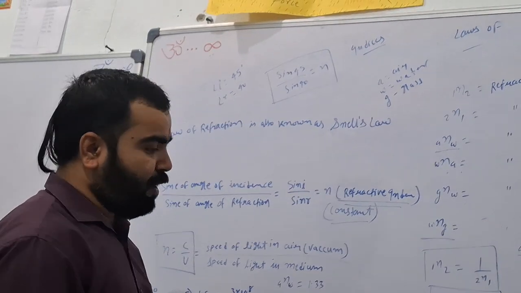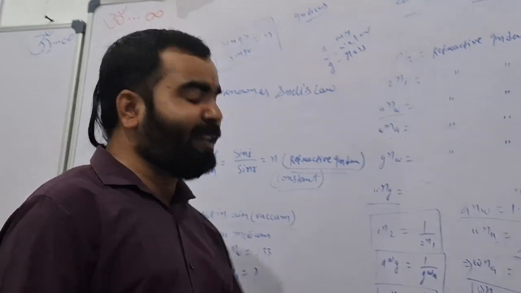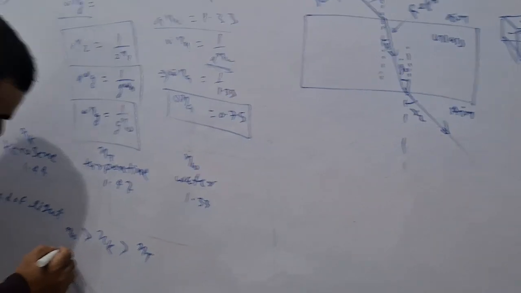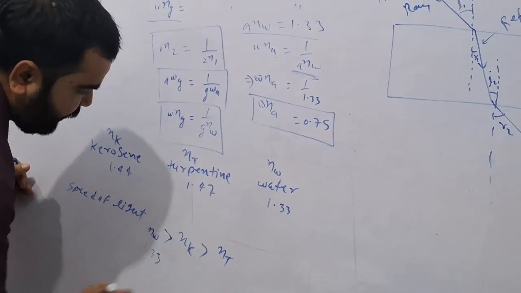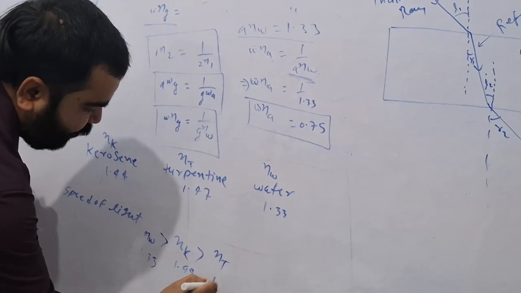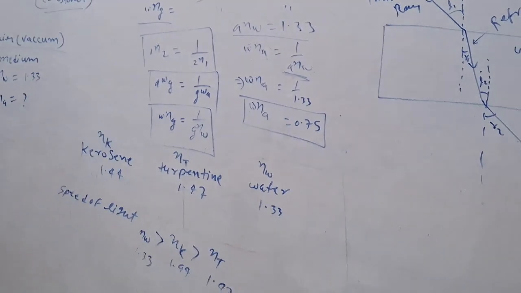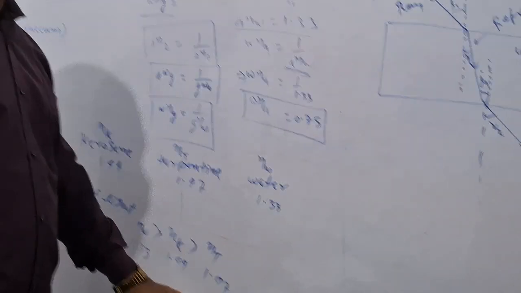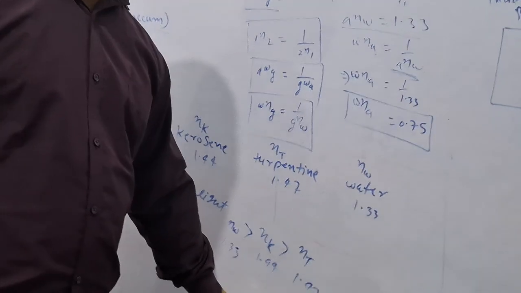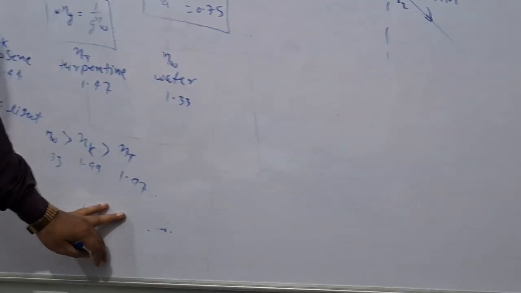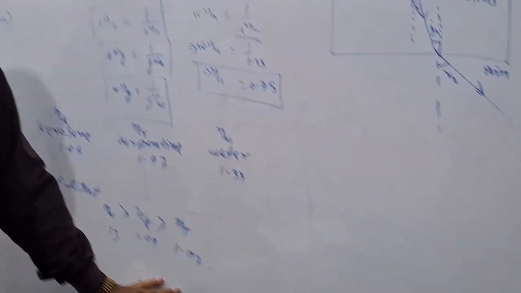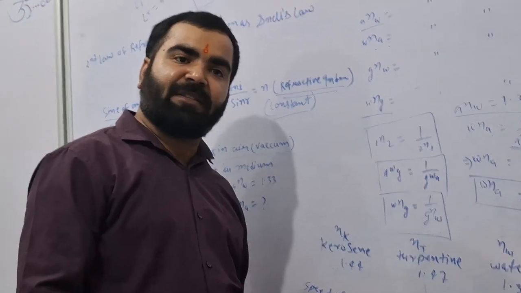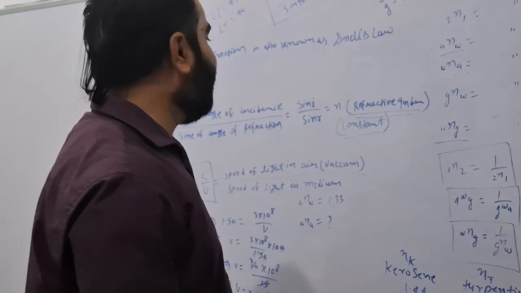Which one out of these three has the lowest refractive index? Water. Lowest is 1.33, then 1.44, then 1.47. The material with the highest refractive index is where light will travel slowest. So for fastest speed you need less refractive index. Understood?